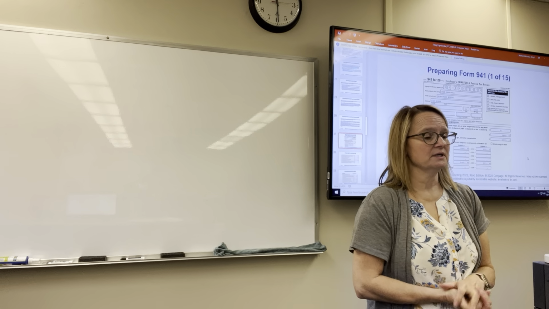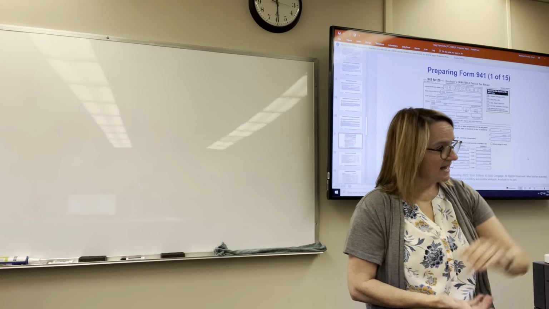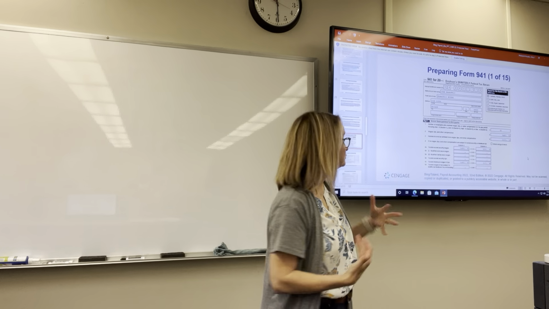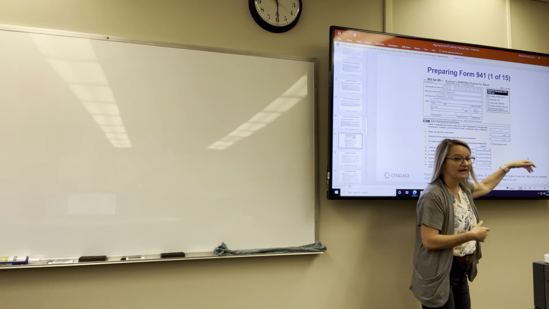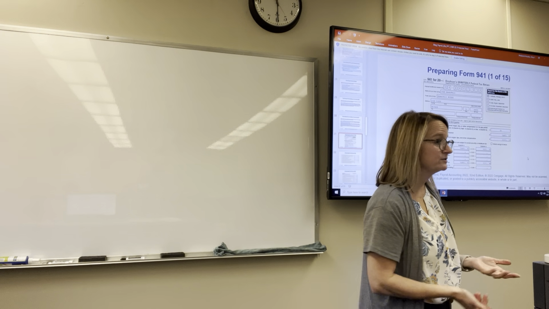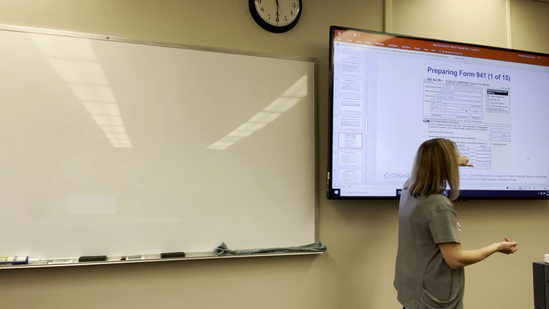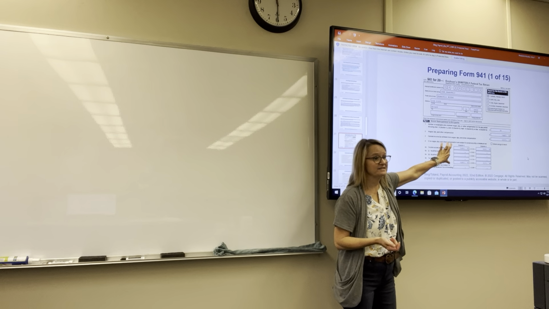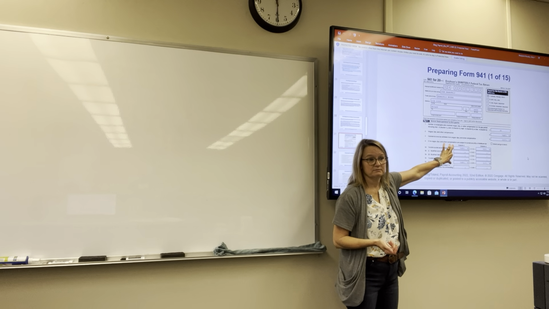When might that happen? $142,800. Exactly. If we have employees who, during this quarter, have reached that Social Security wage base of $142,800, those wages would not be included down here because they're not subject to Social Security tax, right? There might be a difference.